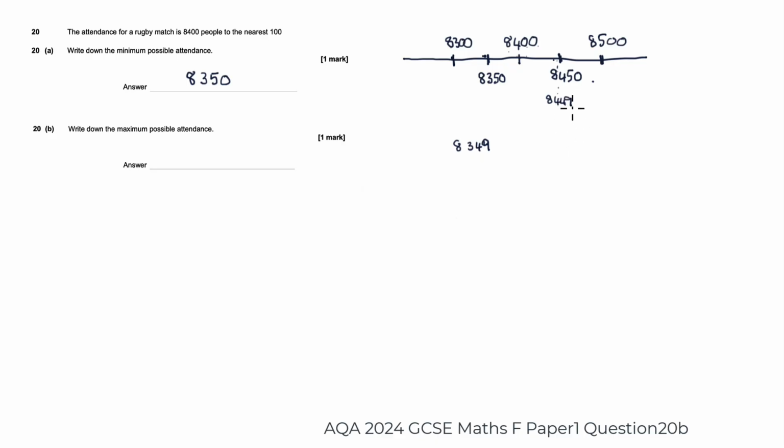Well, if you round that to the nearest 100, it is nearer to 8,400 than it is to 8,500. There's no doubt it's less than halfway. So that would get rounded to 8,400. That must be the maximum attendance. Since 8,450 is halfway between these two numbers, you must round it up. So 8,449 is the answer.